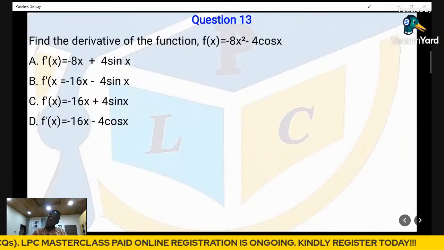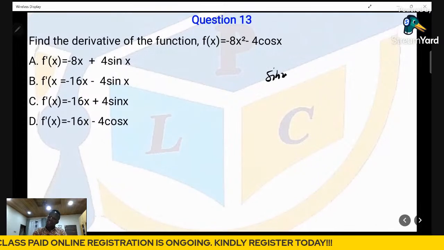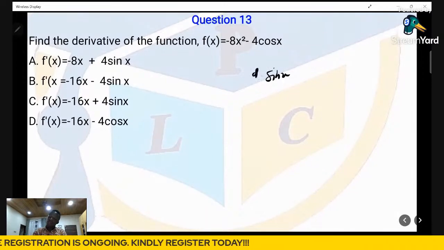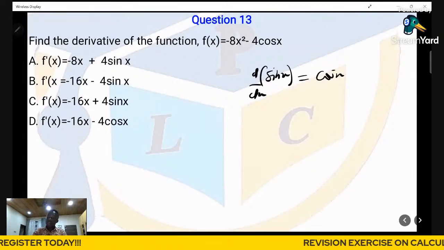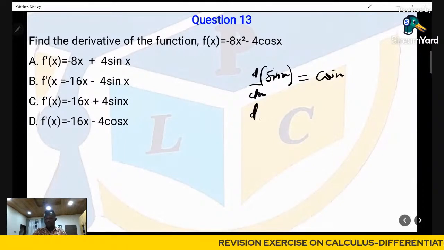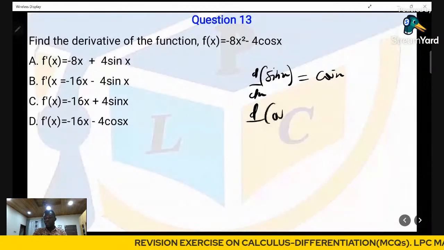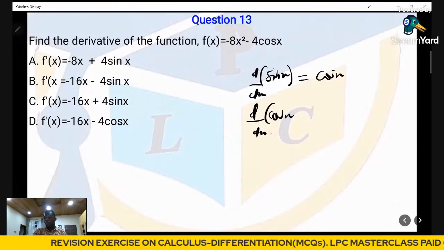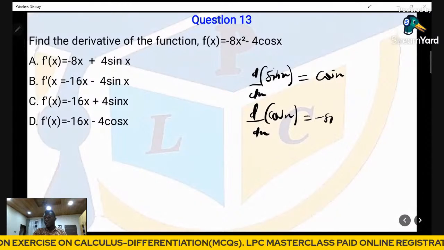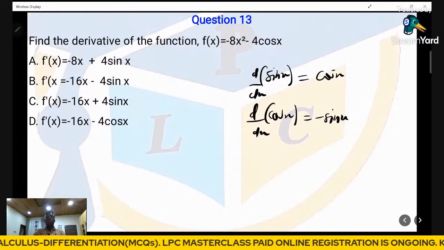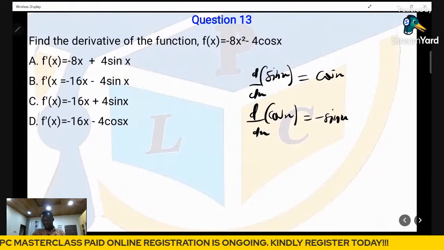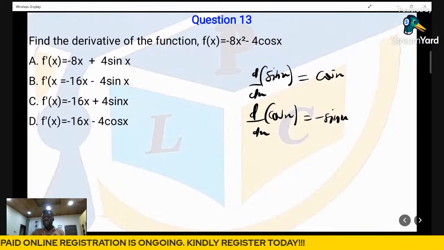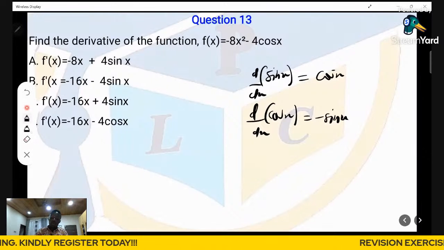The differential of sine x will result to cos x, and the differential of cos x will result to negative sine x. Let's keep this simple differential for trig.